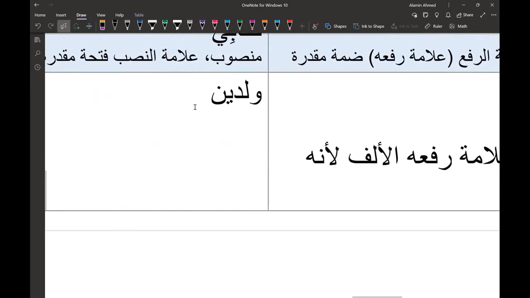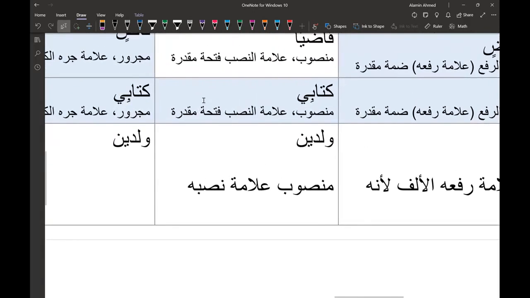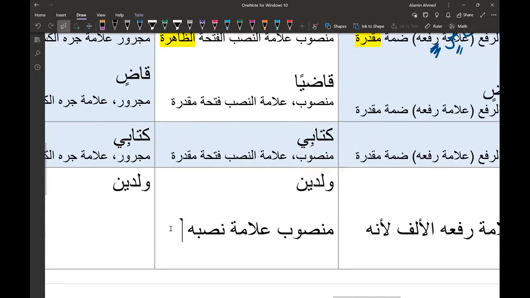So here you will say the same thing. For example, you will say mansub wa alamatu nasbihi. What are you going to say? What is the alama of this word? It is ya.